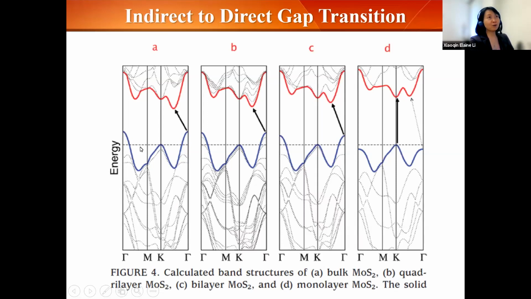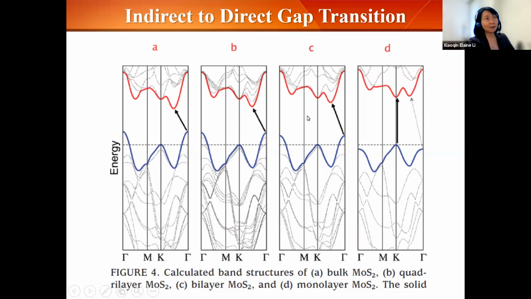I'll just acknowledge these plots are messy to me as well. They look like messy spaghetti to me, but we only need to pay attention to these red noodles and blue noodles. This is the bulk band structure, 4-layer, 2-layer, and the monolayer. As you can see, the top of the valence band in the entire Brillouin zone is not lined up with the bottom of the conduction band in the bulk material.